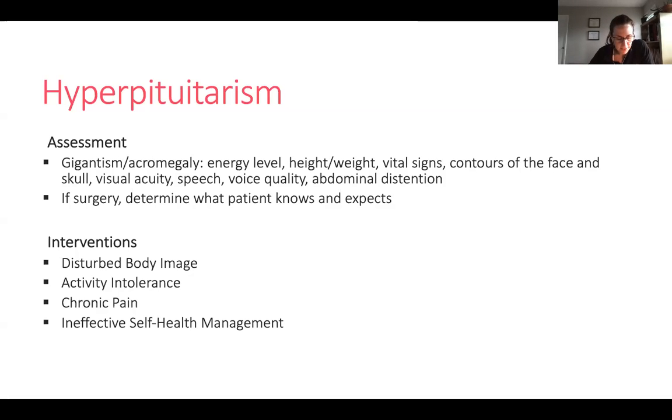And then ineffective self-health management, they will have to have medications or hormone replacement therapy for the rest of their lives. So making sure that they understand that they have to take those medications, make sure they understand what times and what route, everything, so they can take care of themselves. Self-health management, medication management.